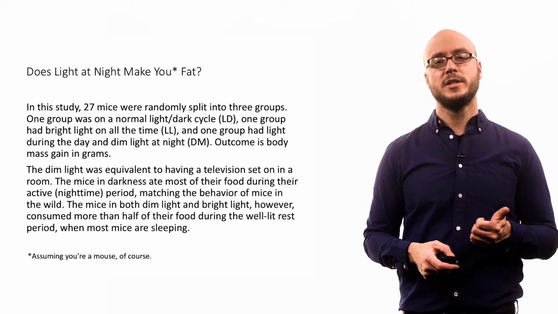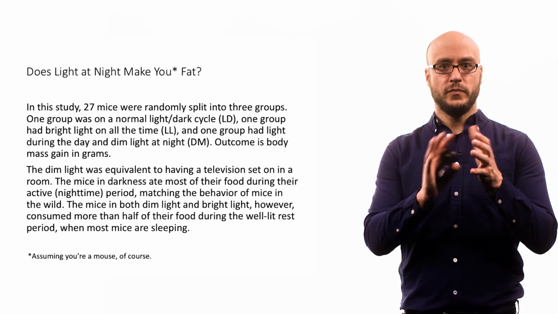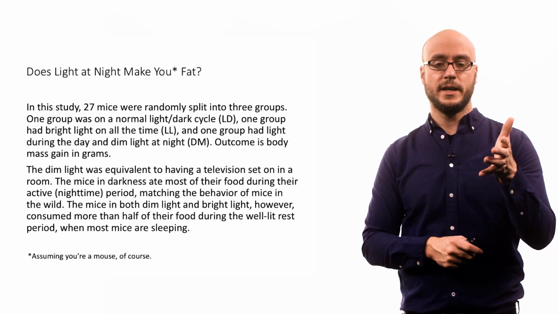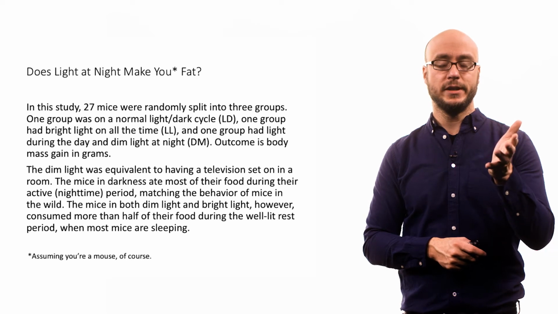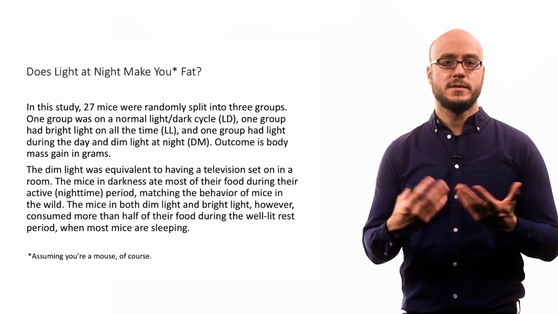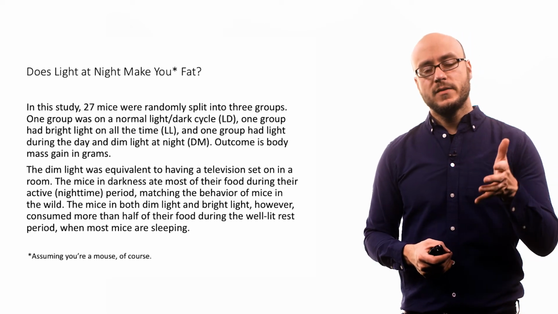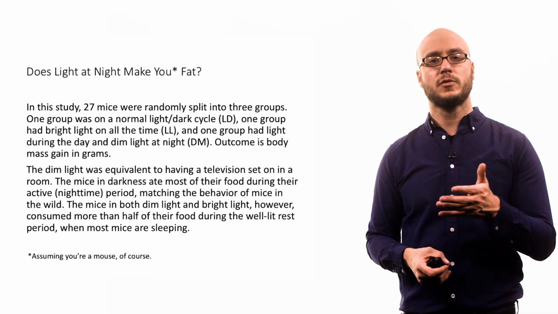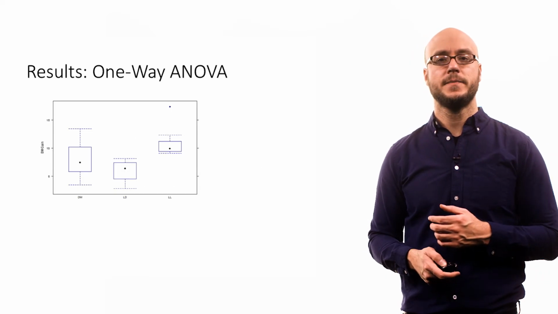Recall that we have these 3 treatment groups. The control group is getting light during the day and dark at night, so that's what we'd expect with a normal cycle. But they have another group that has light all the time, which they call LL, and they have another group that has sort of dim light at night, or DM.